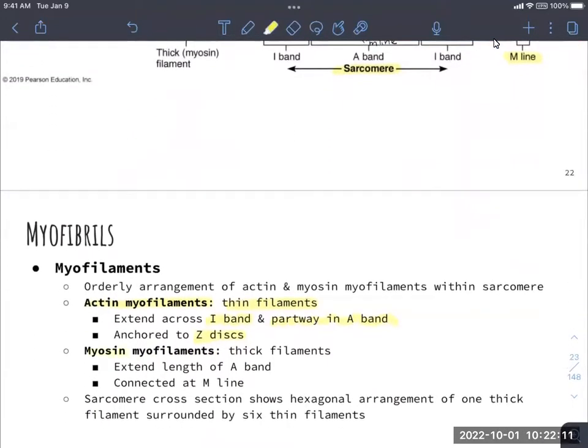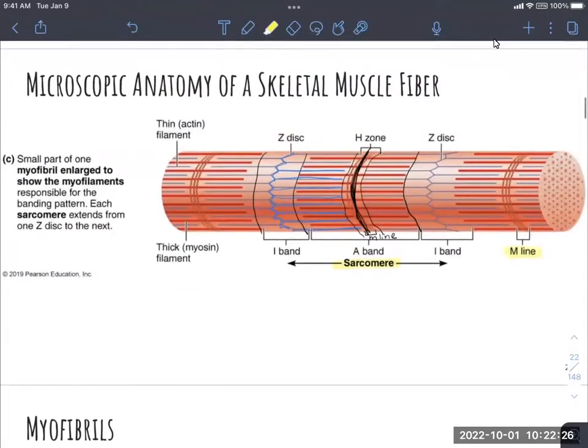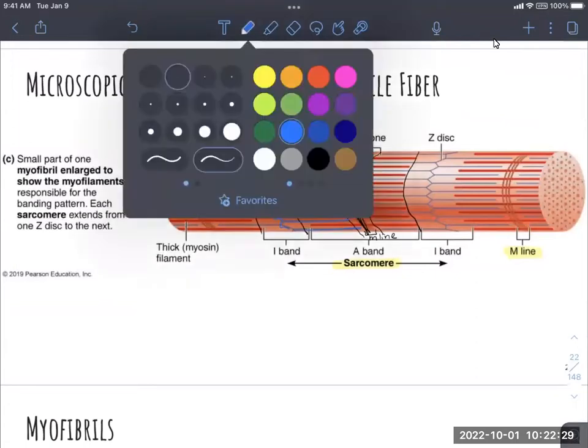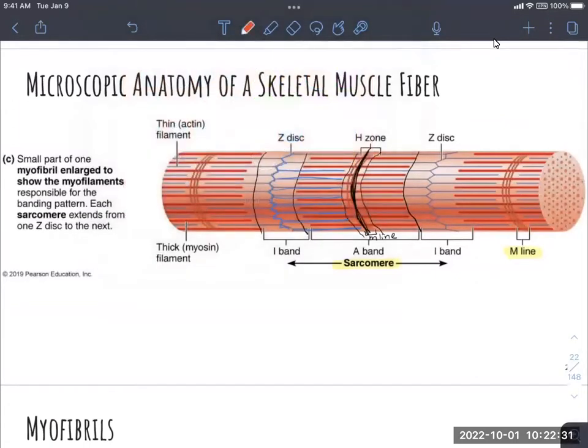Then we have myosin myofilaments, which are your thick filaments. They go the length of the A band and they're connected at the M line. So let's look. These ones are in red. This M line in here that I colored in black that I'm not doing in red.